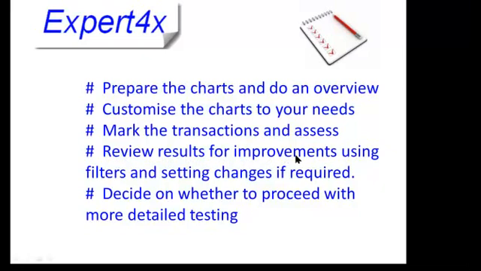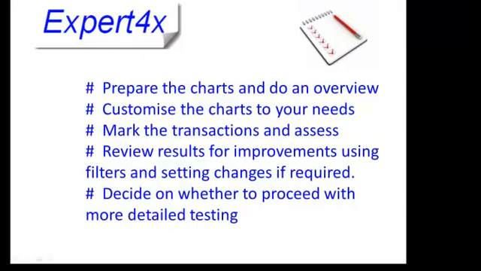After that, we'll review the results for the need for improvements, filters, setting changes if needed, and then decide whether to proceed with a more detailed testing. And even these improvements are going to be at a high level, not to the level that we'll do in detailed testing. So these are the steps that we're going to be doing today, and at the end of the session we need to decide whether to proceed with more detailed testing later on.